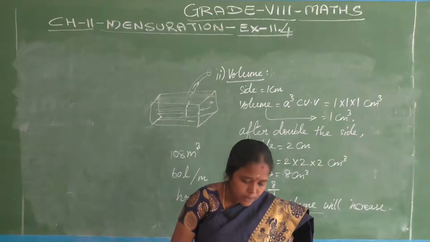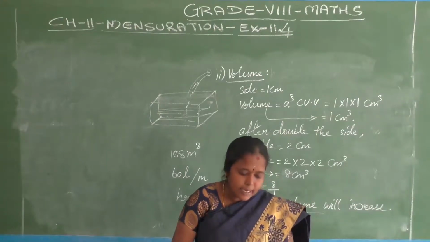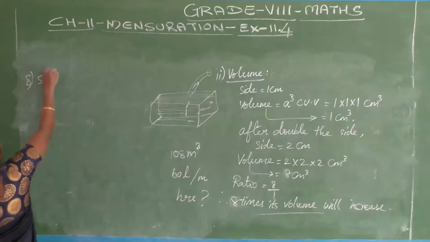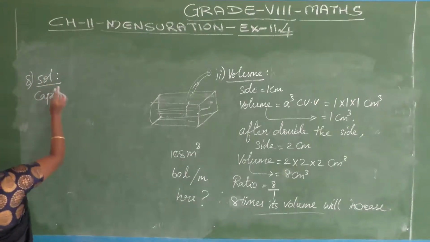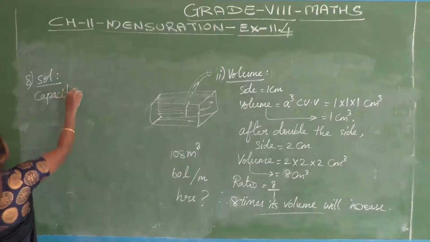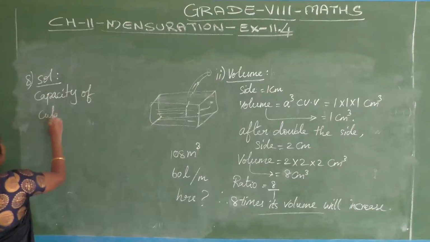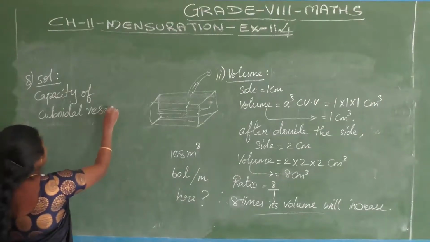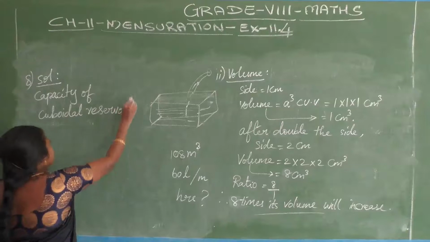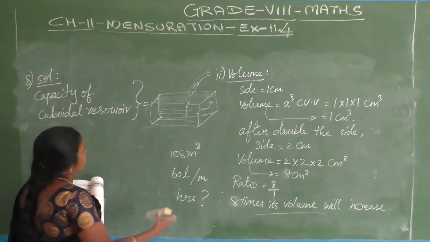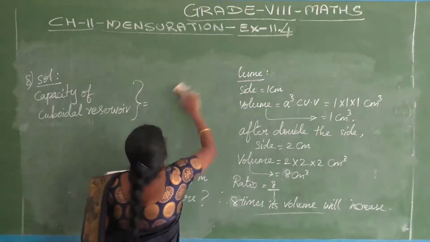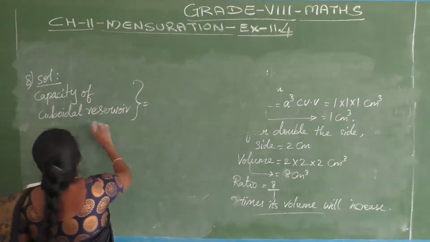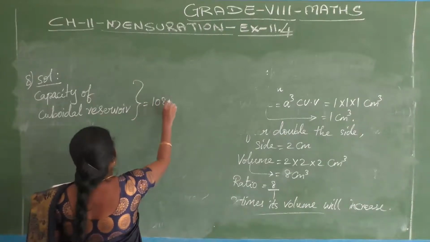Volume is given, the speed of the water is also mentioned, and they are asking for hours. Understood? The capacity of the cuboidal reservoir is 108 meter cube.